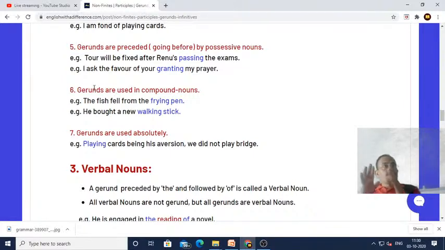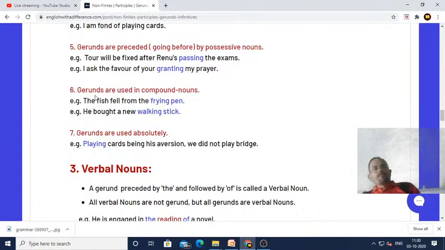What is the characteristic of a particular ing word to qualify it as a gerund? Gerunds are preceded by possessive nouns. Always remember, dear students, preceded means going before and followed by means going after. So gerunds are preceded by possessive nouns.